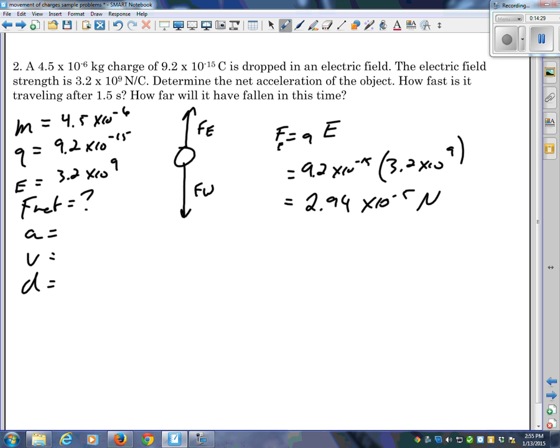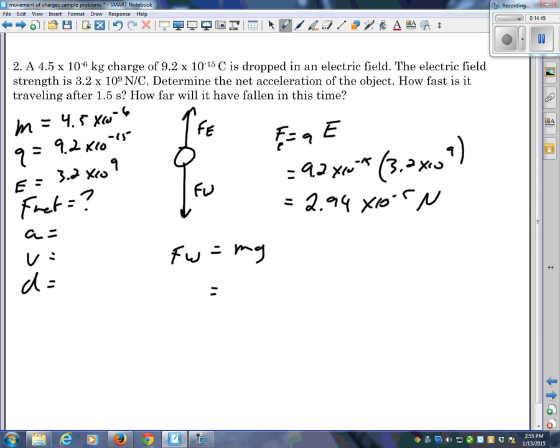That is only the electric force, right? Yep. All good there? Okay. Weight force is mass times gravity.